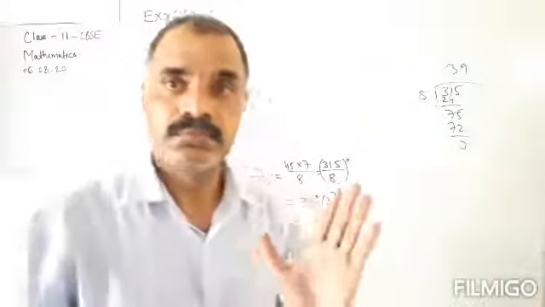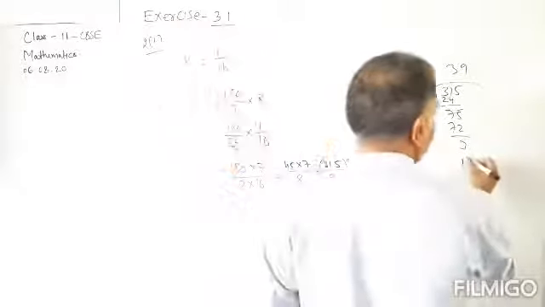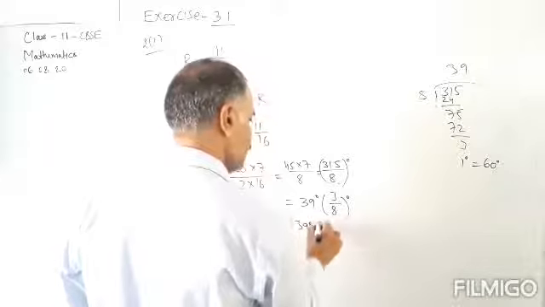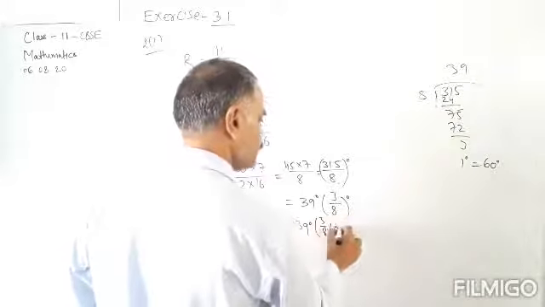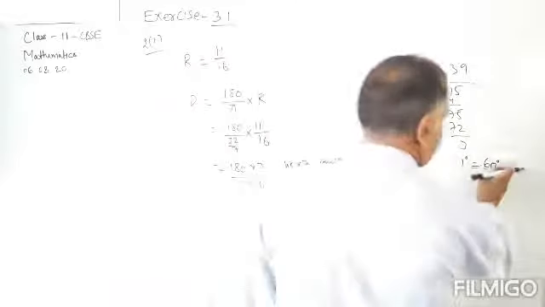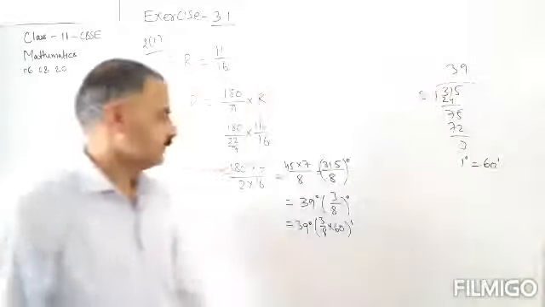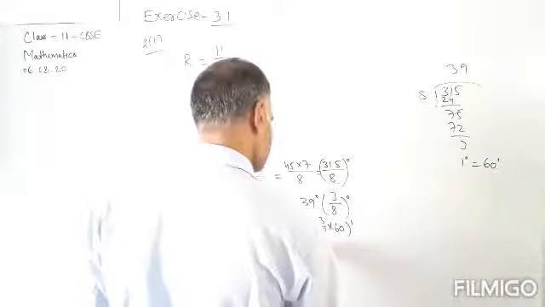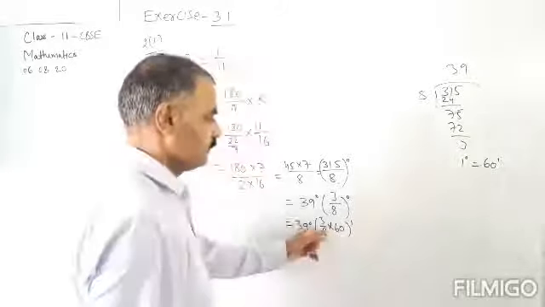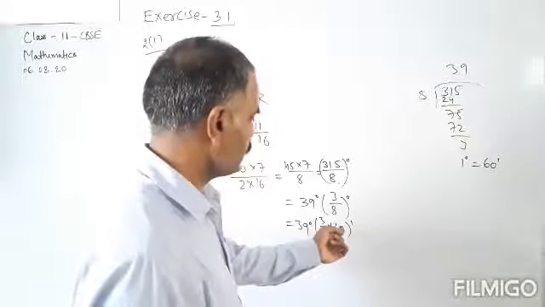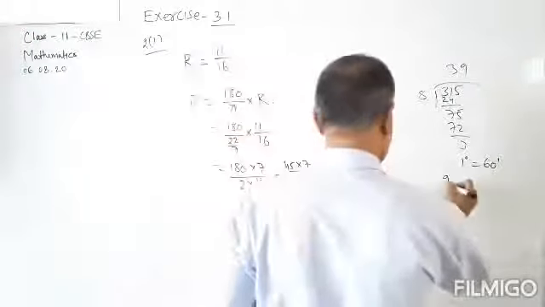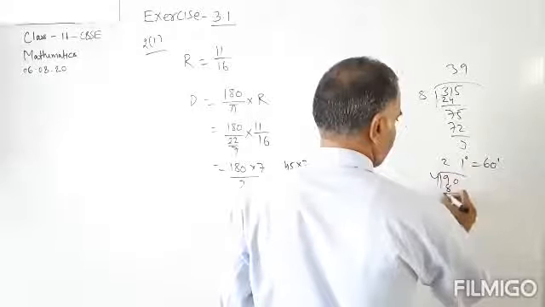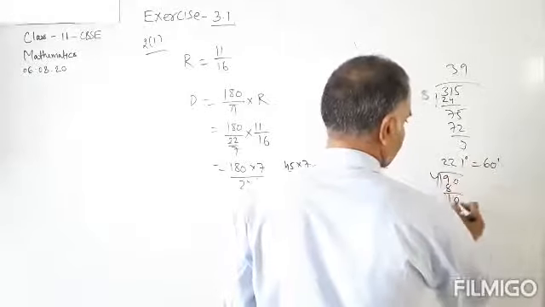into minutes using the relation 1 degree is equal to 60 minutes. So this is equal to 39 degree, 3 by 8 multiplied by 60 minutes. 3 by 8 multiplied by 60 gives 90 divided by 4. 4 twos are 8, remainder 1 10, 4 twos are 8, 2.